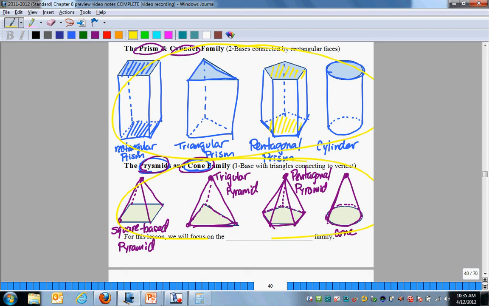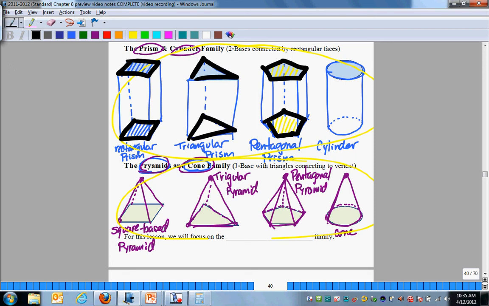Okay, welcome back. You should have noticed something along these lines. In all prisms and cylinders, there are two bases. Prisms and cylinders, you have two bases, and they're connected by rectangles. Basically, a cylinder is one giant rectangle.